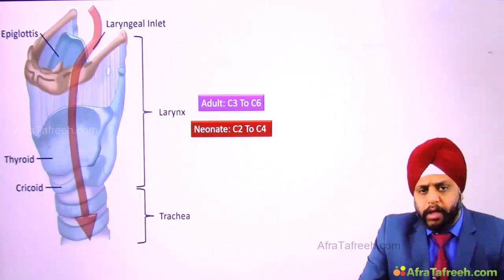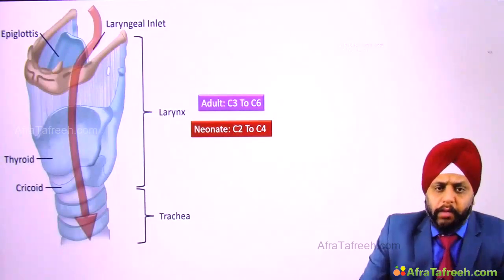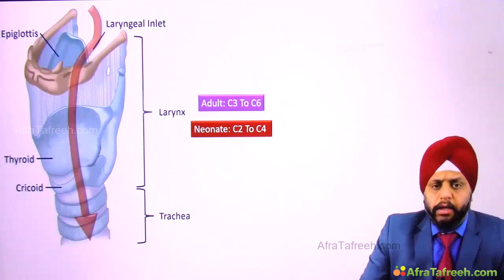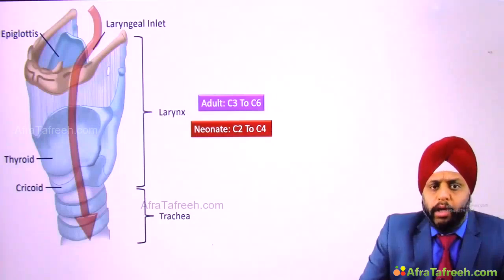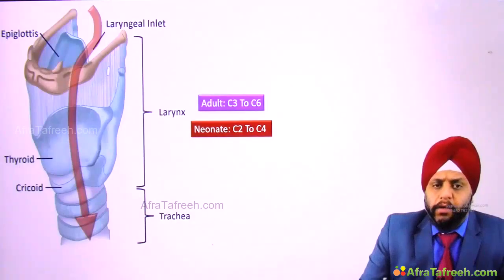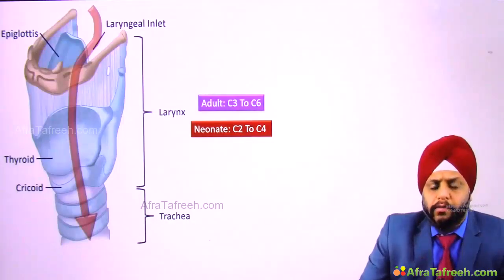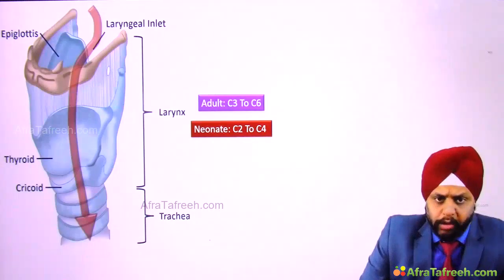The newborn can keep on breathing and keep on sucking the milk at the same time. We adults cannot eat and breathe at the same time. If we try to do that, the food or the water will go into our airway and that will induce a coughing reflex. That's because our larynx is situated lower as compared to the larynx of a neonate.